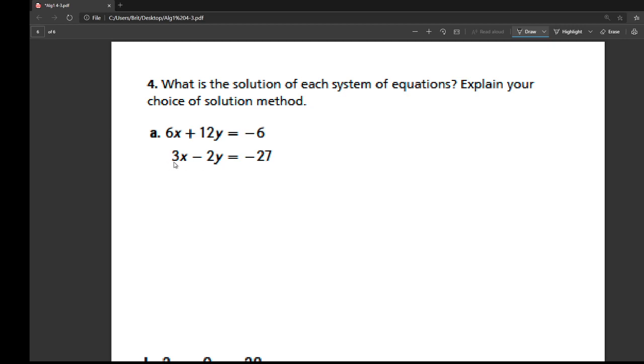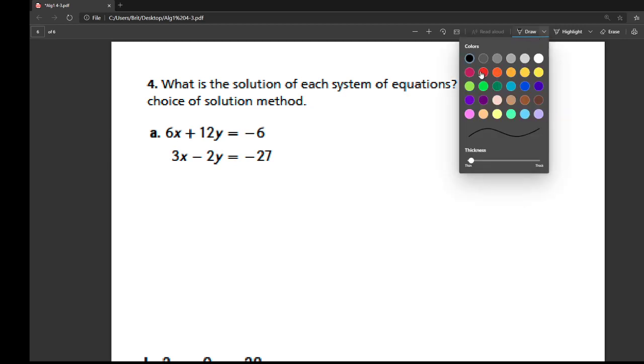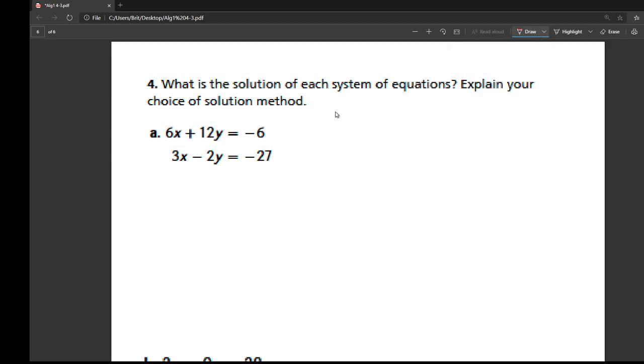I could multiply the bottom equation by 2, and that'll really make my coefficients match. So I'm going to do elimination here because it's easy to make the coefficients match.